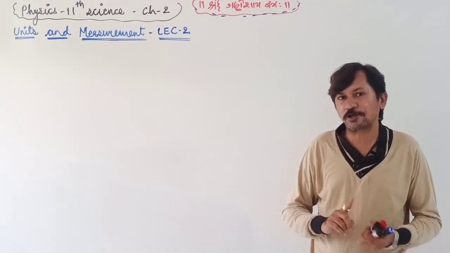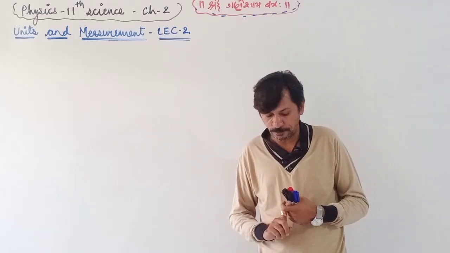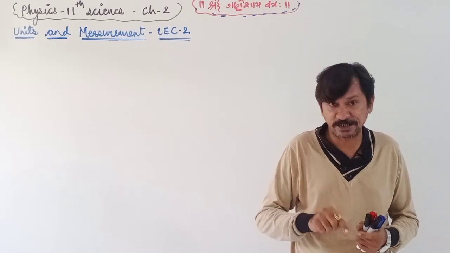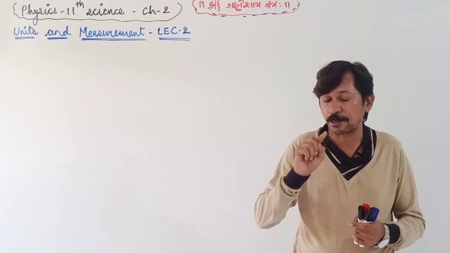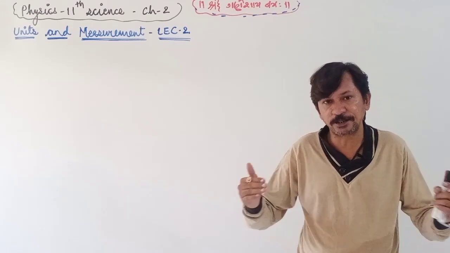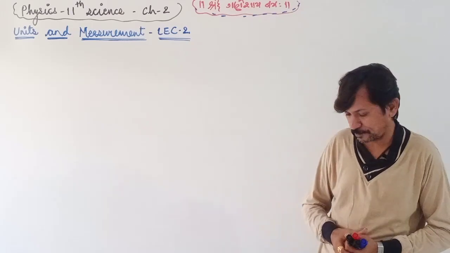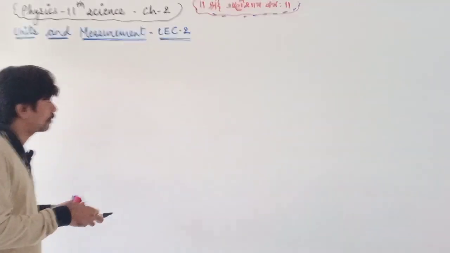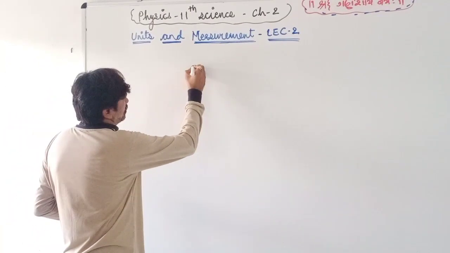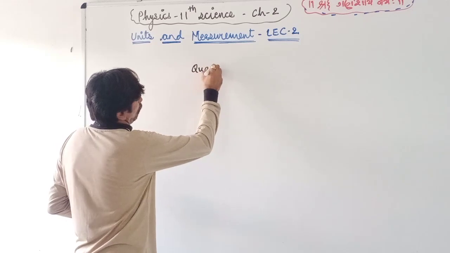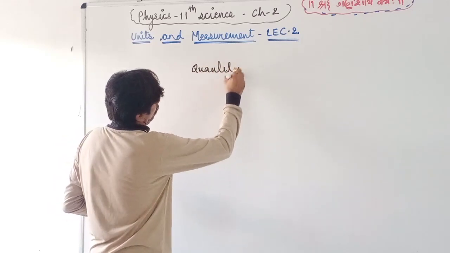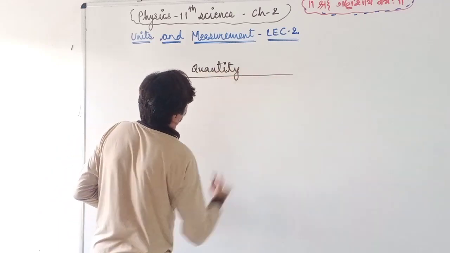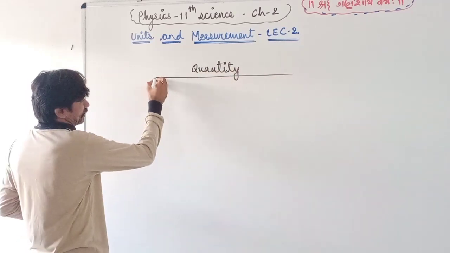First of all, the important thing is physical quantities are classified, are divided into two types. Here are the types. Look at this. Quantity, physical quantity.